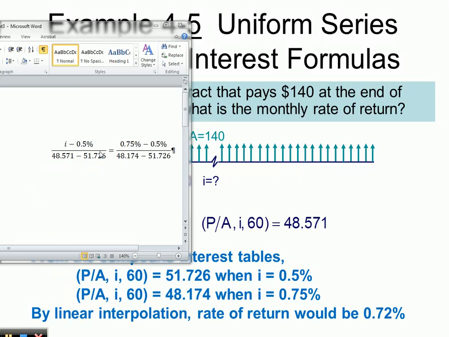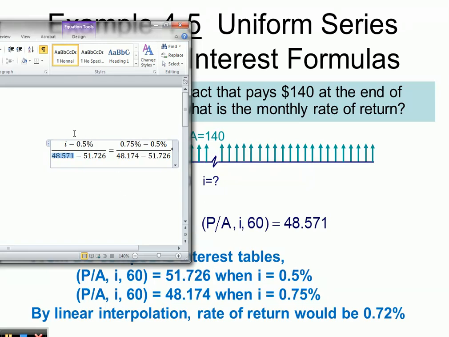So here I set up the equation of how to do it using linear interpolation for this specific example. So notice right here we want to find I. And we know that for I the discount factor is going to be 48.571. So the way to do it, right, is I minus, say, this other I here is the same as the discount factor for I minus the discount factor for the percent, 0.5 here.